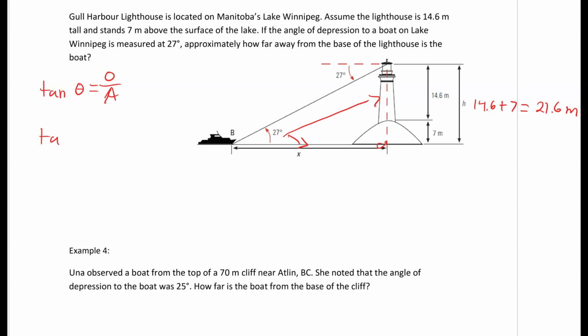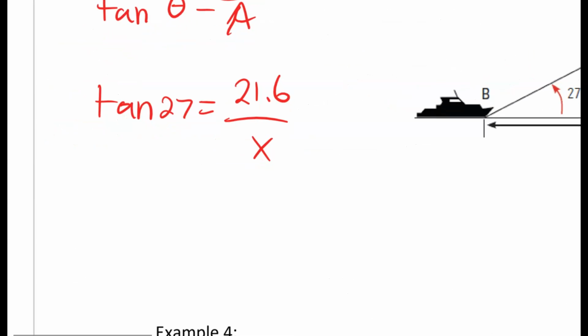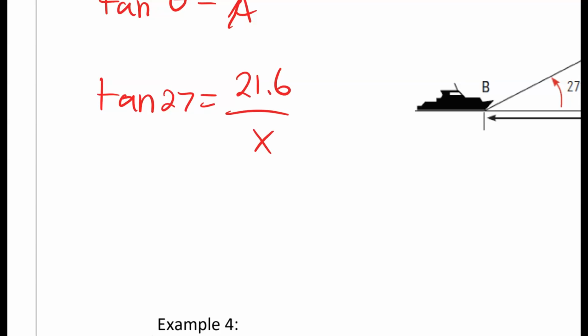So tan, and we have an angle of 27, is equal to opposite, which is 21.6, over our x, which we're trying to find out. Now this will be just like that last problem we did, where we have everything over 1, and when our variable is unknown on the bottom, we can flip these over.